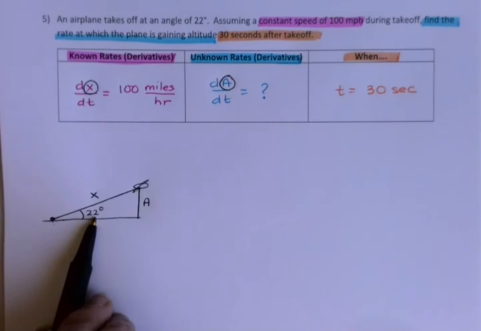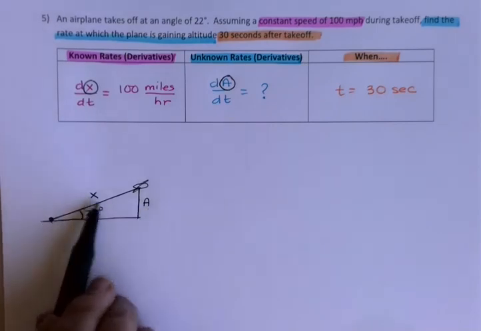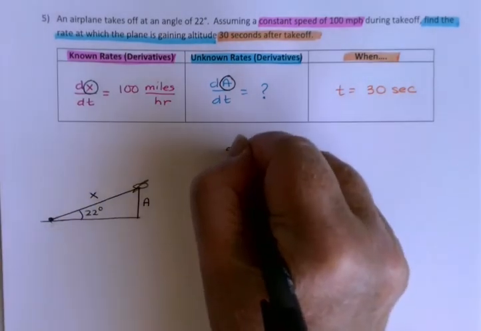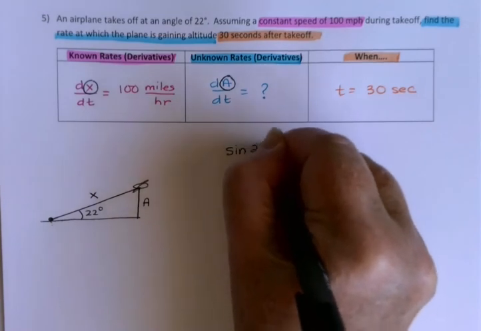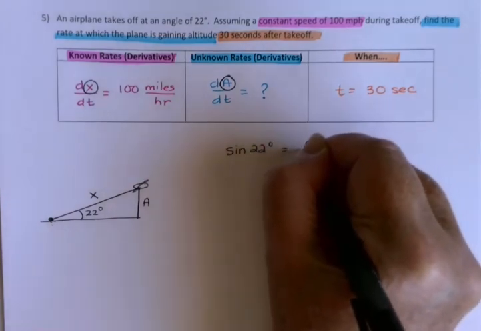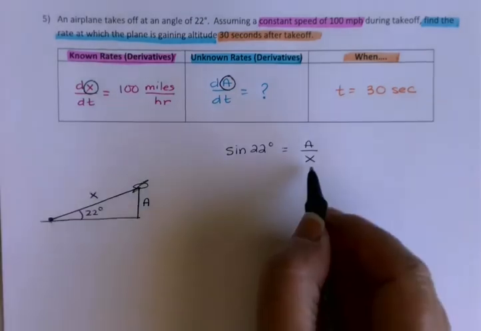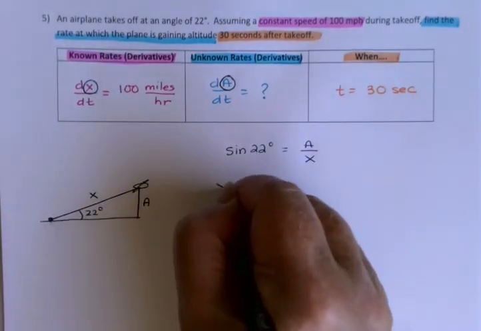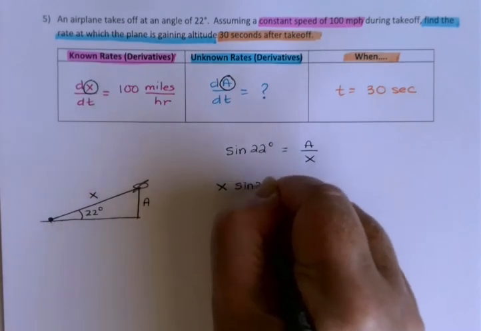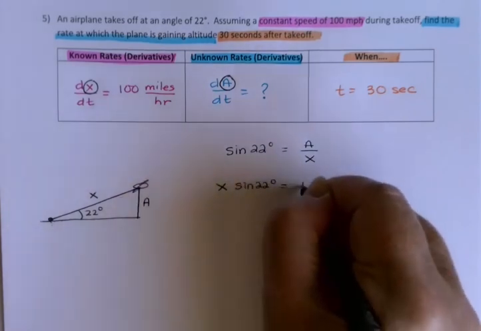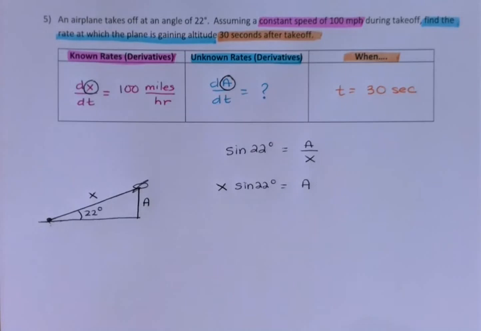The sine of 22 degrees would be A over x. Before I do the derivative, again, that's not the most algebraically easy way to do the derivative. I'd rather not have that quotient rule. I'm just going to multiply the x over. So I no longer have a quotient.